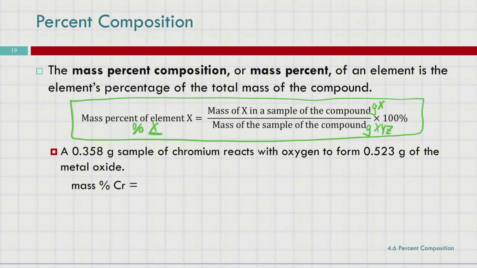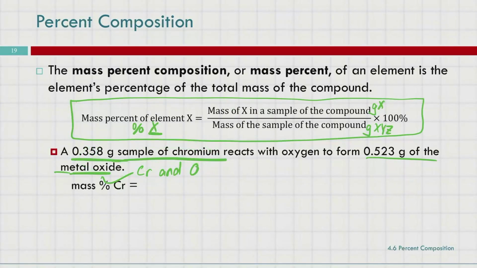So as an example, we take a sample of chromium, we react it with oxygen to form 0.523 grams of the metal oxide. The metal oxide meaning it's the chromium and oxygen, not just the oxygen. So this is an often overlooked step. We need to take the 0.523 grams of the metal oxide and subtract from that the mass of the chromium.